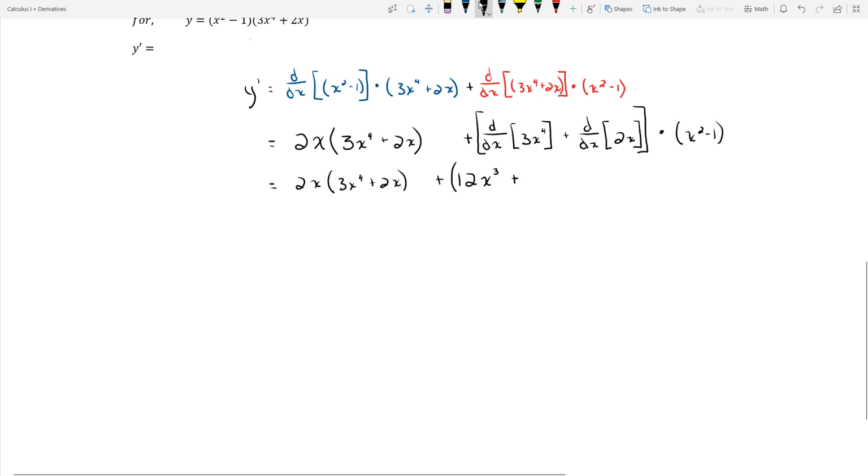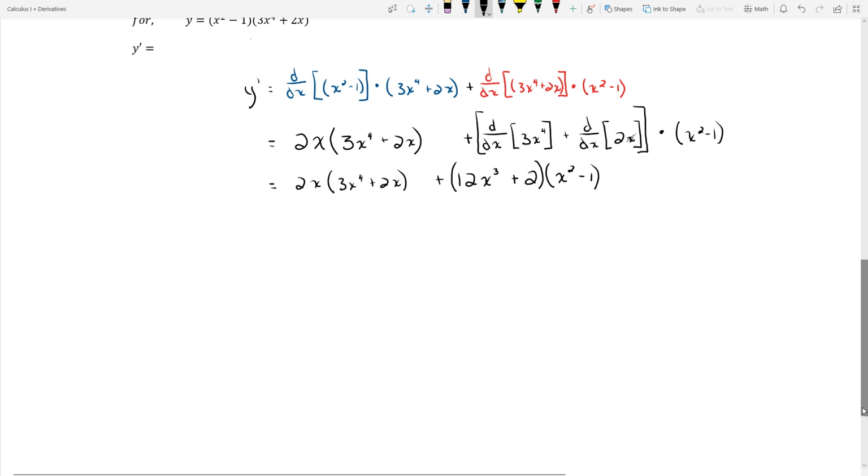Plus the next derivative, which is 2 times 1, because x to the first power, and then x is reduced, so that is gone. So we're going to have 12x cubed plus 2, multiplied by x squared minus 1.